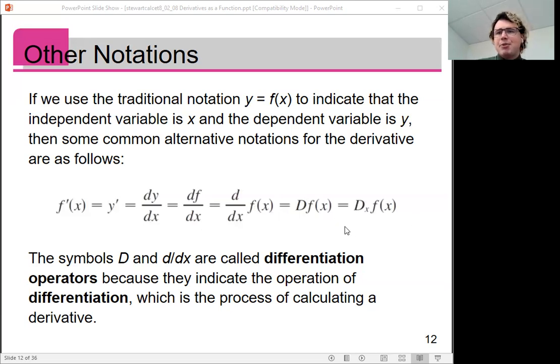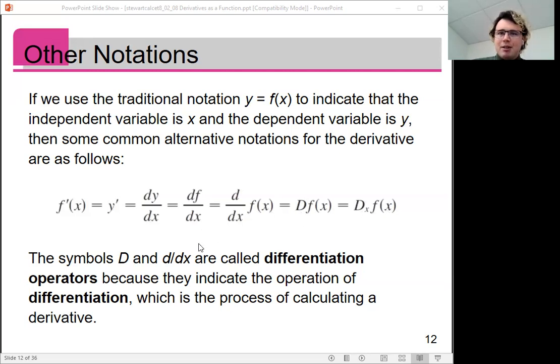The very last 2 symbols on this slide are correct, but they are not as common when you're working purely within mathematics. You might see these more frequently in, say, physics or something. So the capital D is just a different way to write the differentiation operator d on dx.